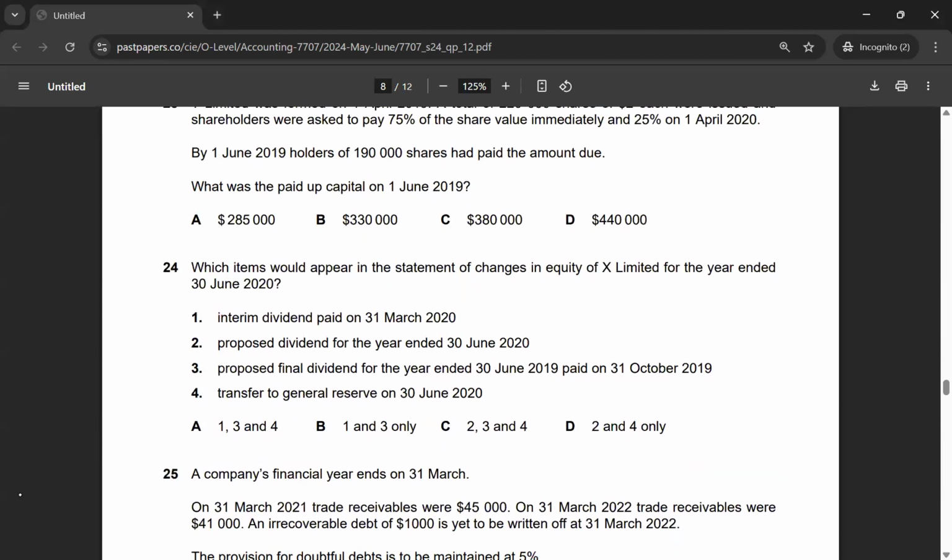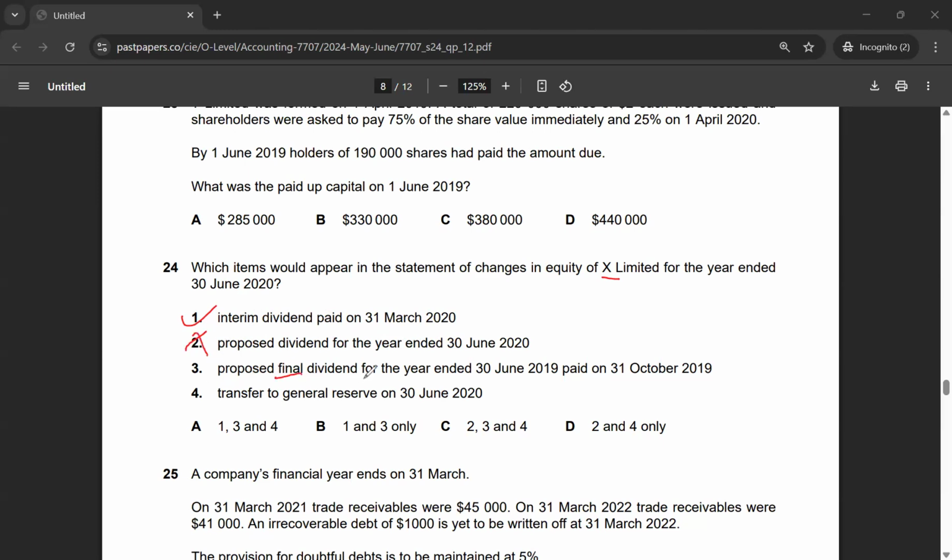Let's look at multiple choice 24. Which items would appear in the statement of changes in equity of X Limited for the year ended 30th June 2020? Interim dividend paid on 31st March 2020 will appear. Proposed dividend for the year ended 30th June 2020 will not show up.